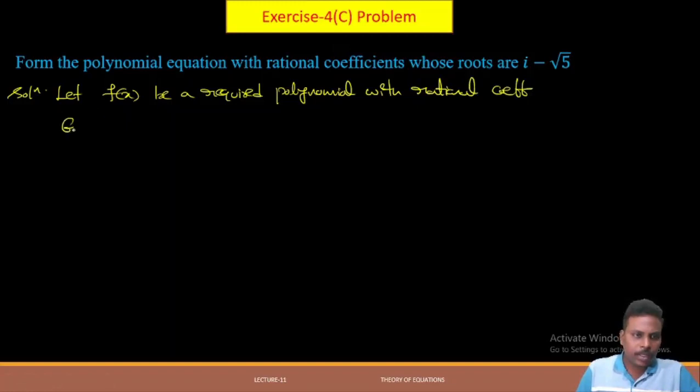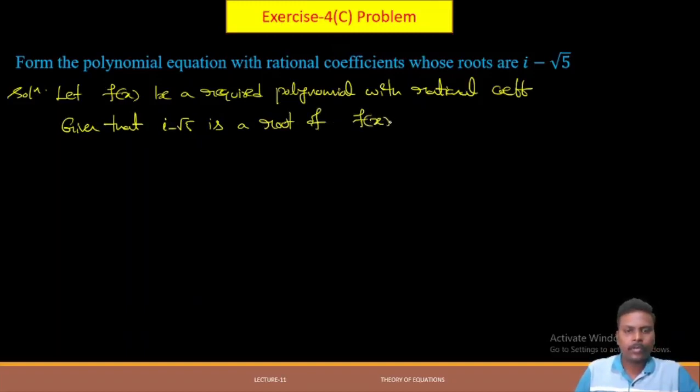It is given that i minus root 5 is a root of f of x is equal to 0.